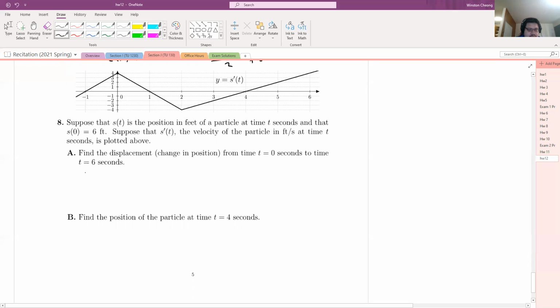So just like before, what we calculate is s of 6 minus s of 0, right? This would be the measurement of the displacement. And we would think about this as the integral from 0 to 6 of the function s prime. In this case, we don't have a function s prime, we just have the graph of it, right?